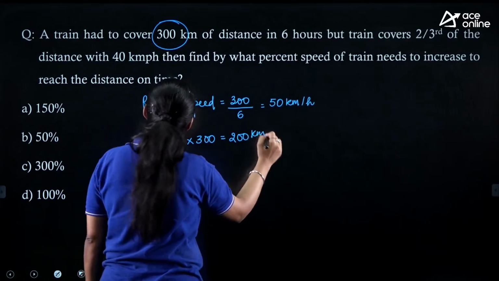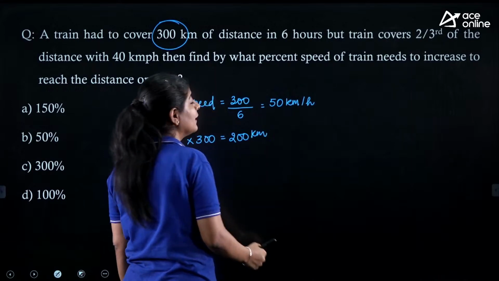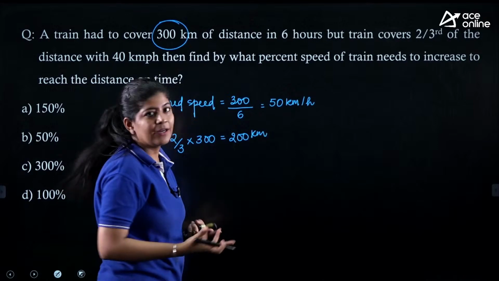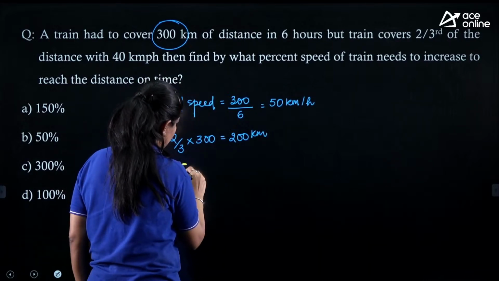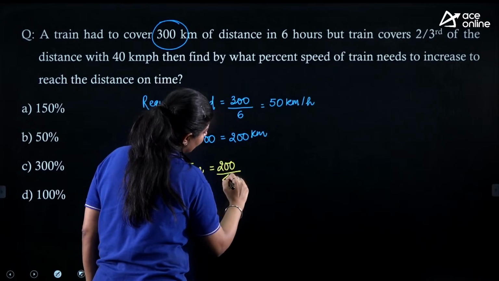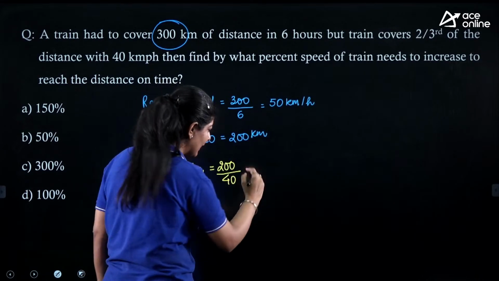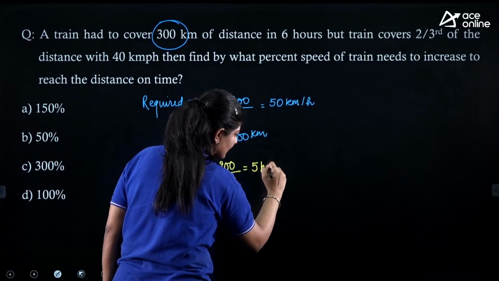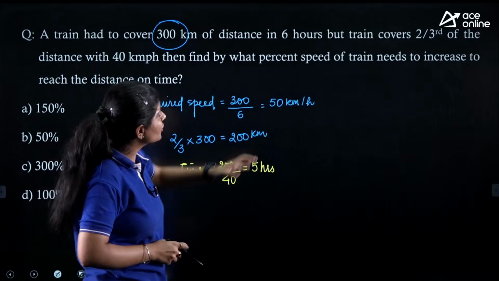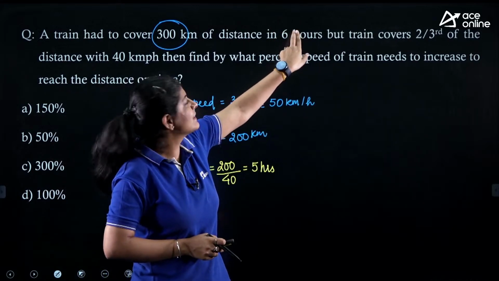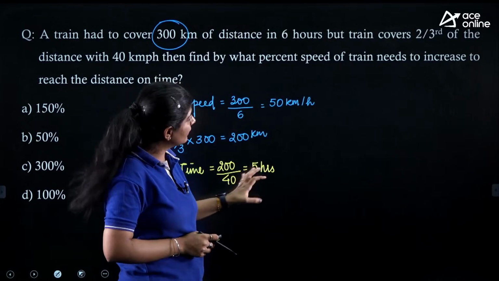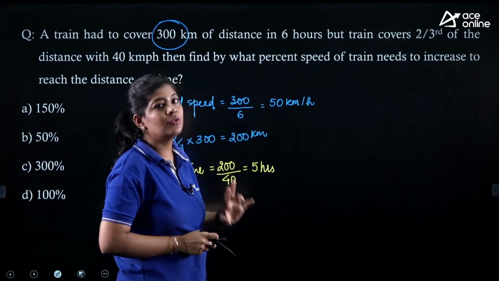This 200 kilometers is covered with a speed of 40 kilometers per hour. Let's try to figure out the time. Time is nothing but 200 kilometers covered at 40 kilometers per hour, that means it took 5 hours, right? Initially the train needs to cover the whole distance in 6 hours, but within 5 hours the train only covers 200 kilometers.